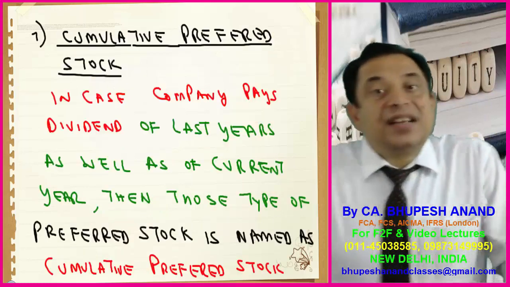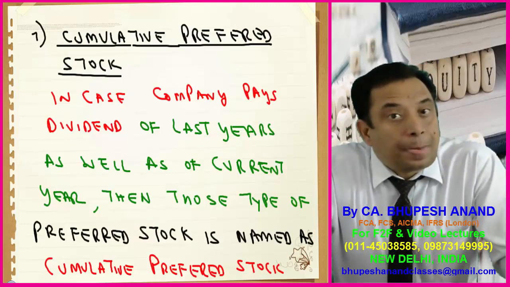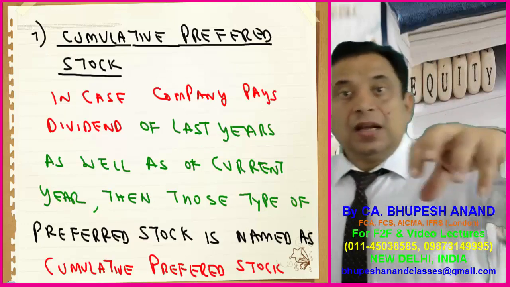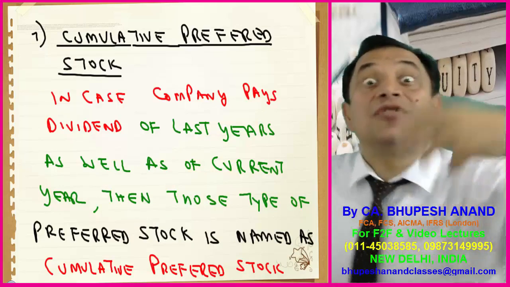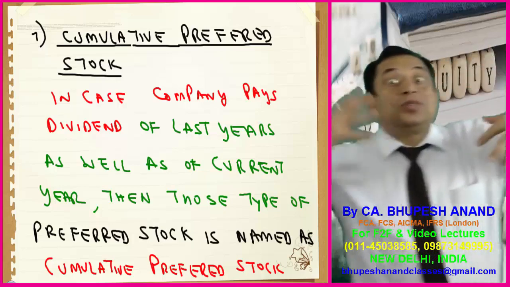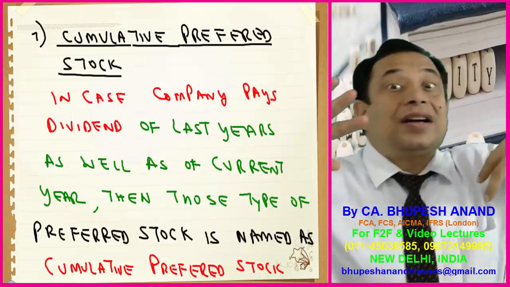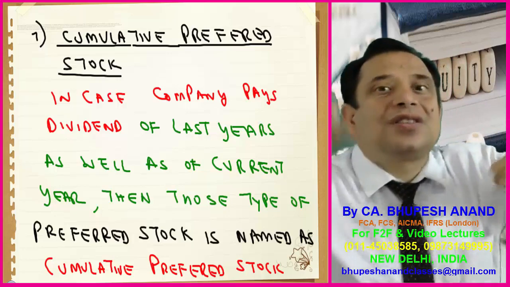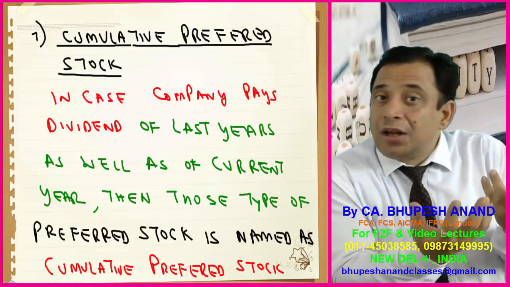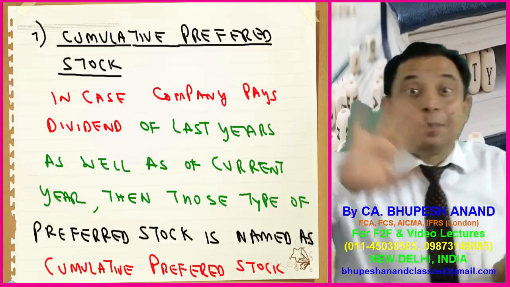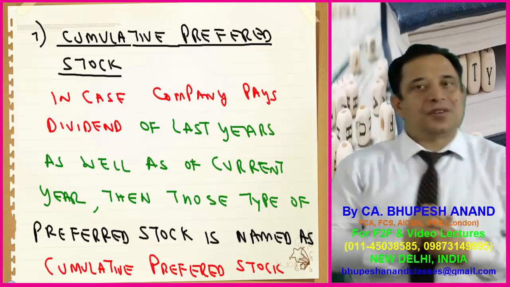Now the next category is cumulative preferred stock. The name is cumulative. The company has to pay a dividend to preferred stock in case of profits. But supposing the company is not getting profits and is incurring losses, in initial years the companies are facing huge losses, then the company will not pay dividend to these preference holders.